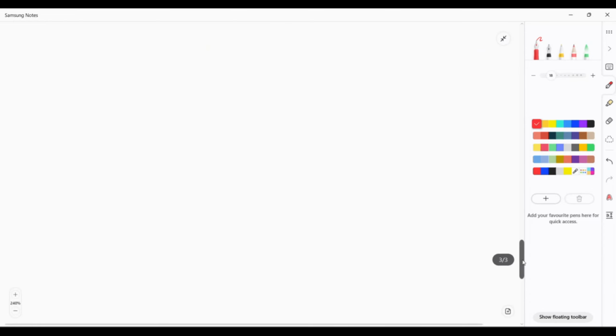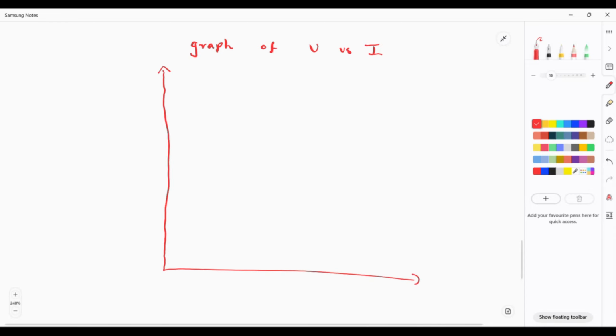Let's say we have a graph of the voltage versus the current. I'm going to do it very simply, as long as you follow what we'll be doing, I'll be pleased.